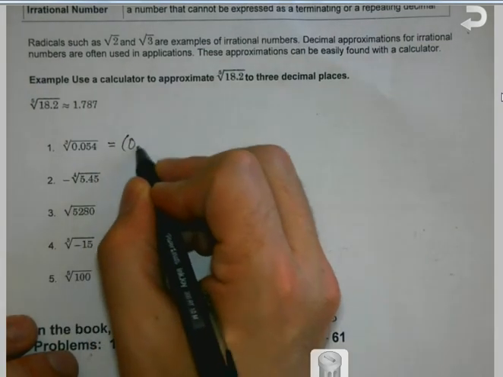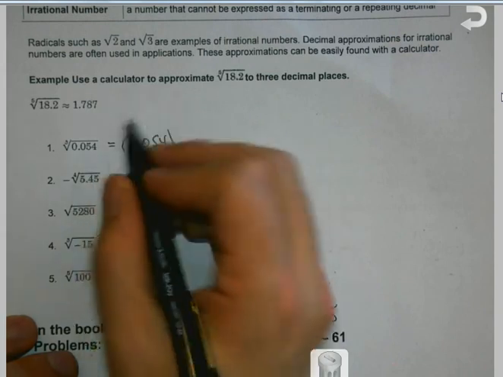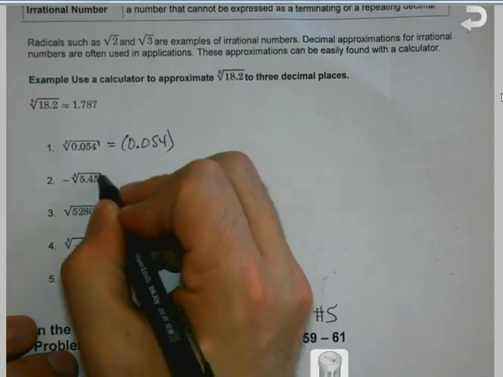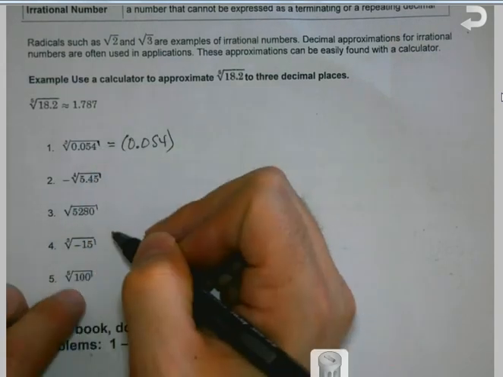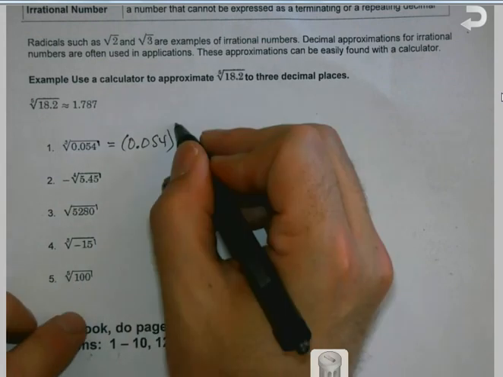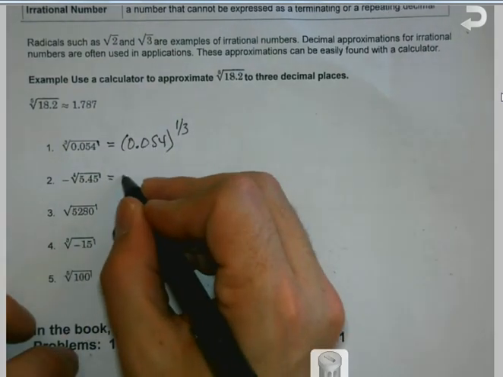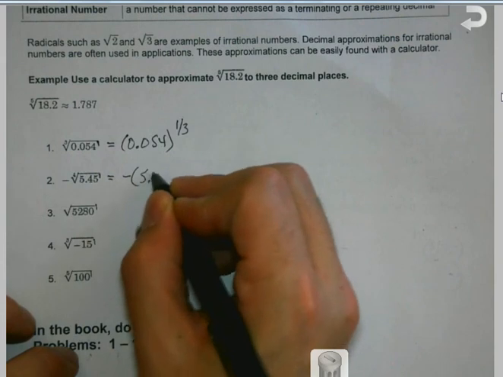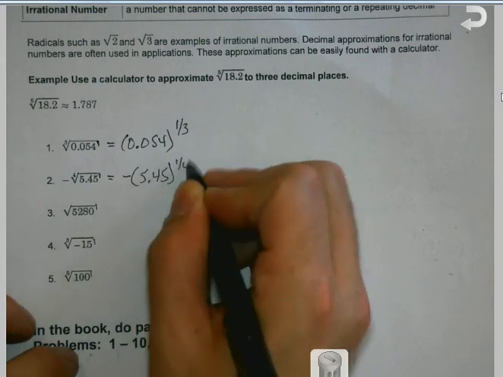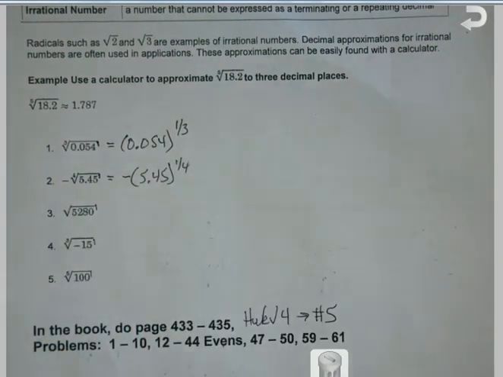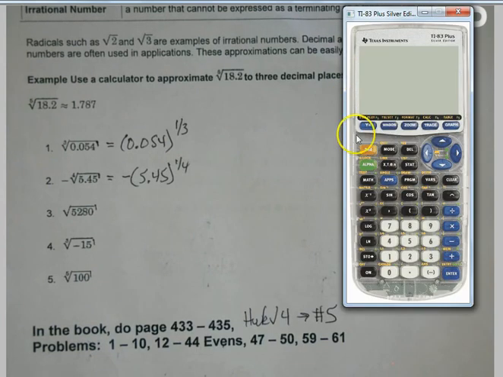So when you're going to plug those in, you're going to use 1 as your numerator, and this is your denominator. So like here, if it's a cubed root, I'm going to do it to the 1/3 power. Or if it's a root of 4, I'm going to do it to the 1/4. So when I go to plug this in, and any calculator can do it, it doesn't have to be a fancy schmancy one.